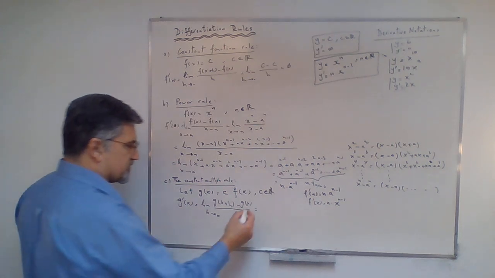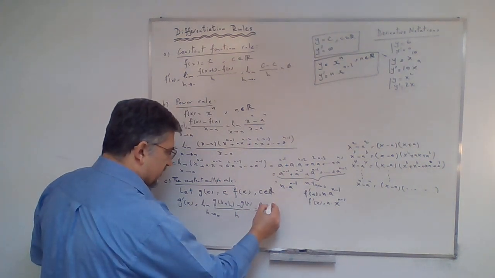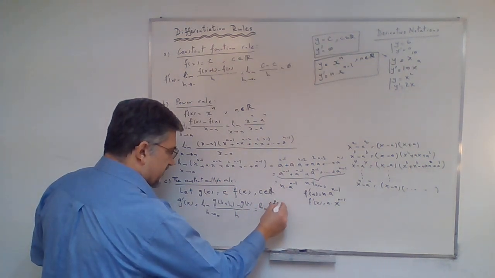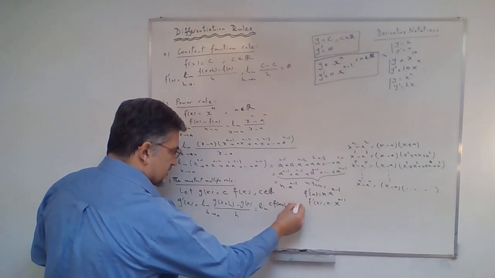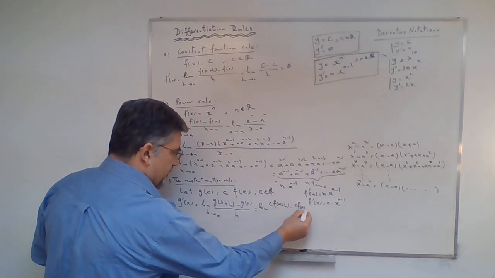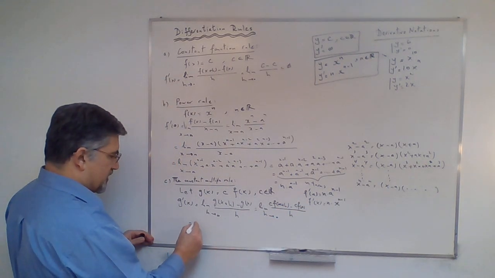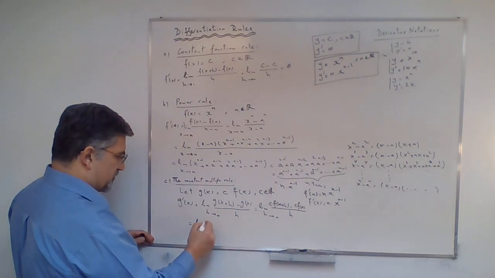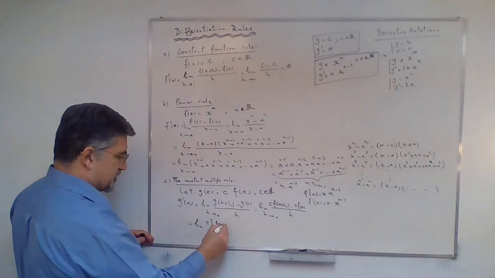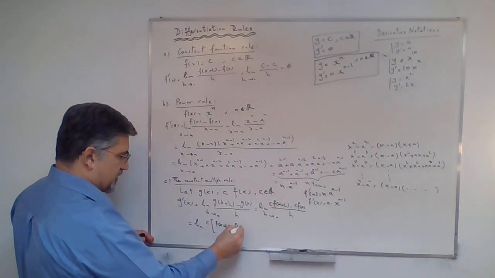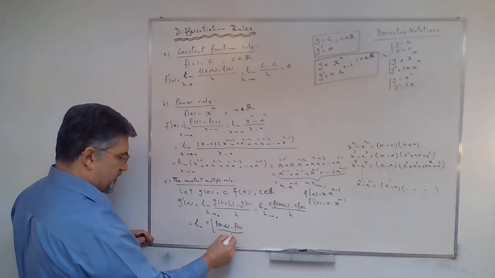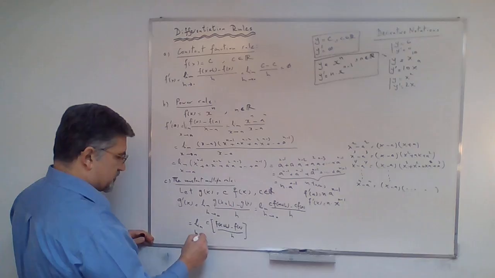Now we can do the substitution. It will be the limit of c times f at x plus h minus c times f of x, all over h, when h approaches 0. Then you can factor c out in the numerator. It will be f at x plus h minus f of x, all over h, when h approaches 0.